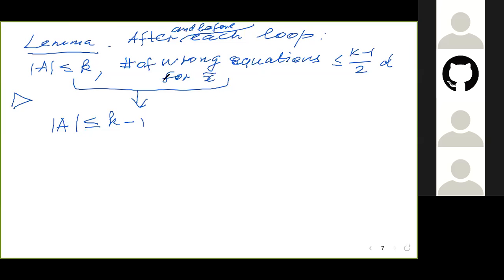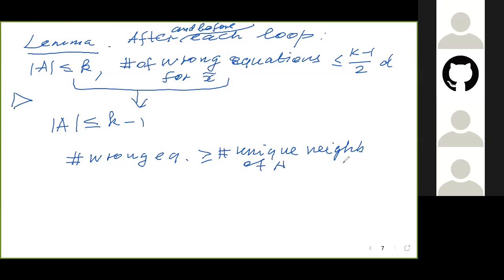And this is because the number of wrong equations is connected to the cardinality of A. So assuming that A has at most k nodes, we know that the number of wrong equations is at least the number of unique neighbors of A. And this is at least d over 2 times A by one of our lemmas.